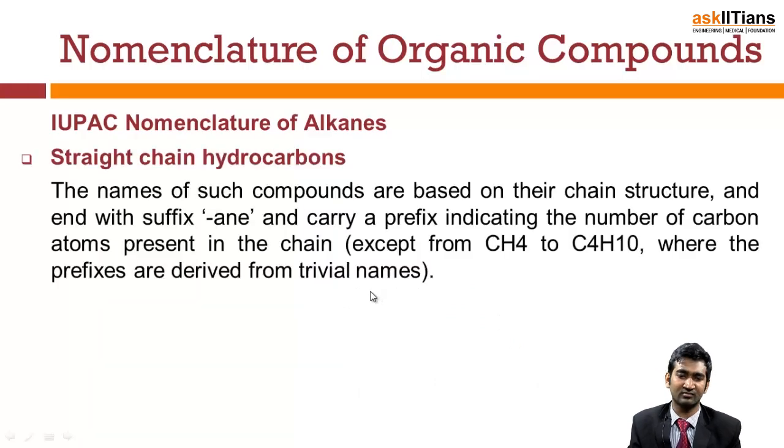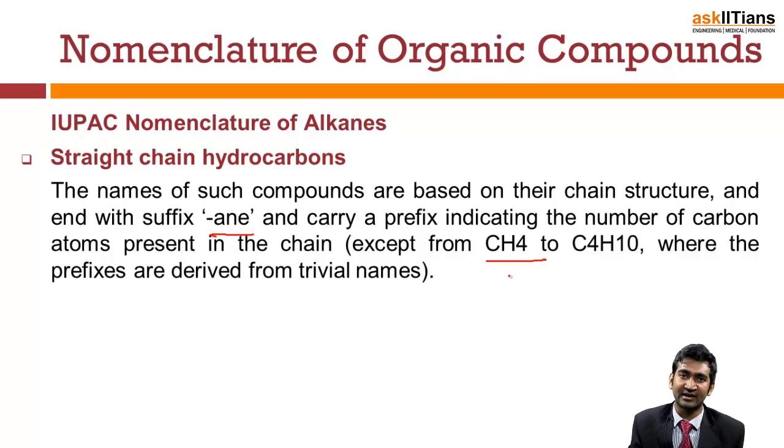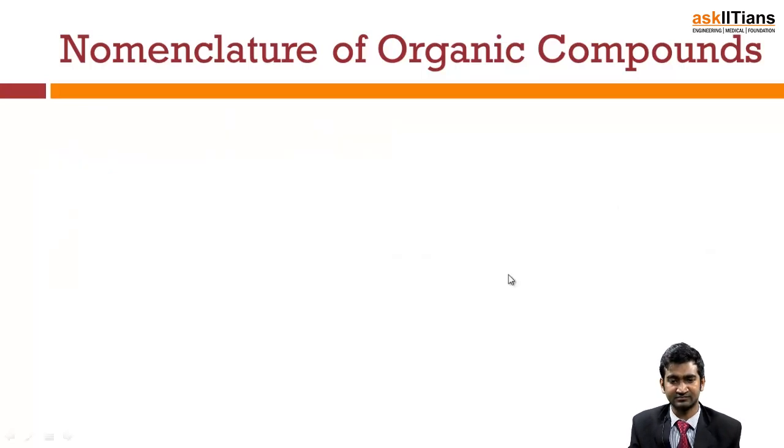For straight chain hydrocarbons, we just have to add ane at the last. Like here CH4, one carbon atom, methane, and C2H6, ethane. Like that propane, butane, pentane, hexane, octane, nonane, decane. You just have to add ane to it.